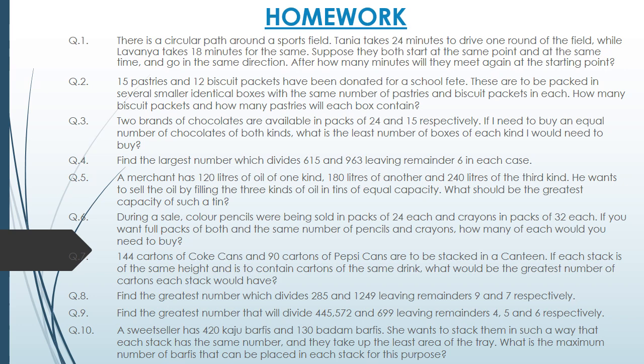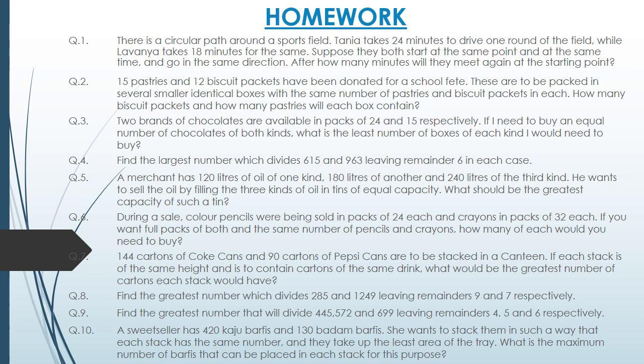The fourth question is, find the largest number which divides 615, 963, leaving remainder 6 in each case. So what are we going to do here? What we have to do, we have to find out largest number which will divide the given numbers, leaving remainder 6 in both the numbers. So first of all, we'll subtract 6 from both the numbers because we want that 6 as remainder.